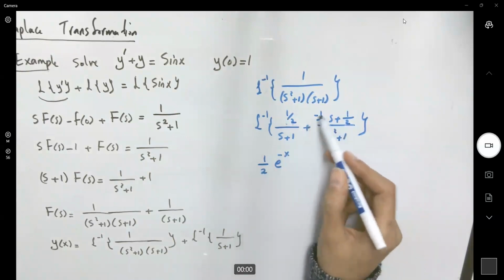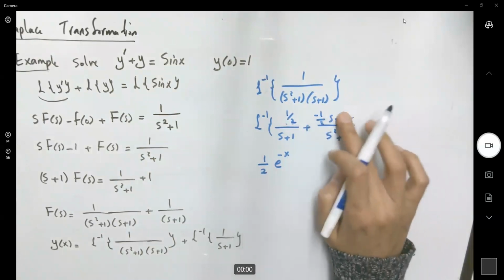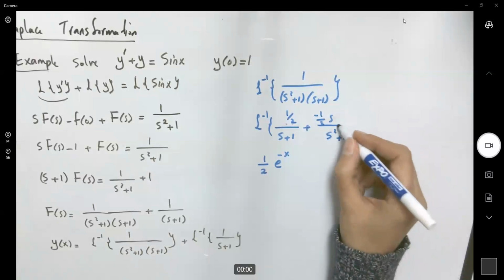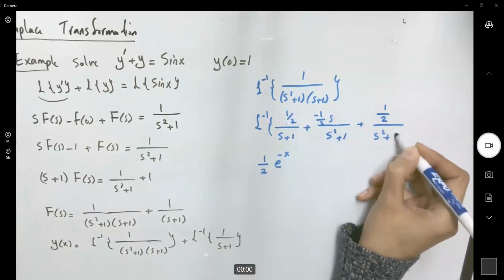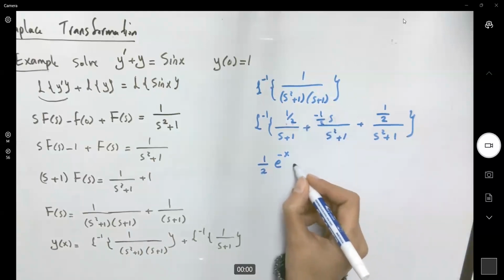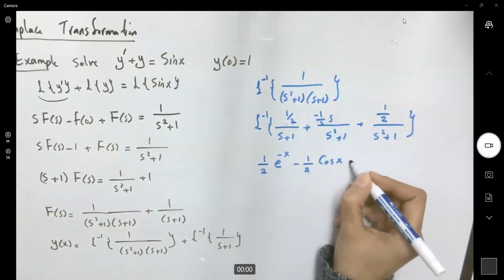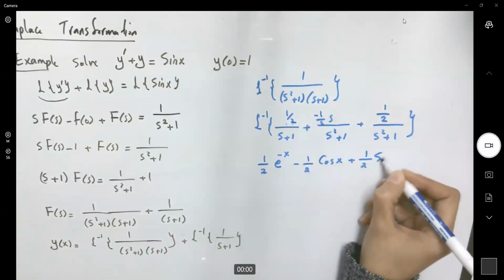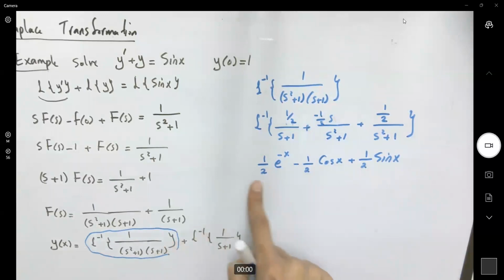And again, if we divide this up into two more fractions, plus a half divided by s squared plus 1, this becomes, well, negative a half cosine x, and this is plus a half sine x. So the answer to this inverse Laplace is a half e to the negative x, minus a half cosine x, plus a half sine x.